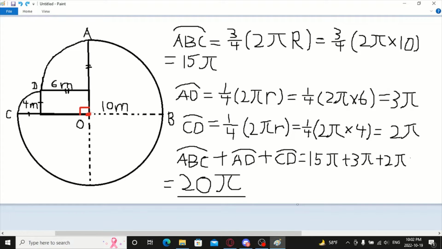So in order to find this perimeter, we need to find 3/4 of the whole circle that the dog would be able to travel if the house was not there.